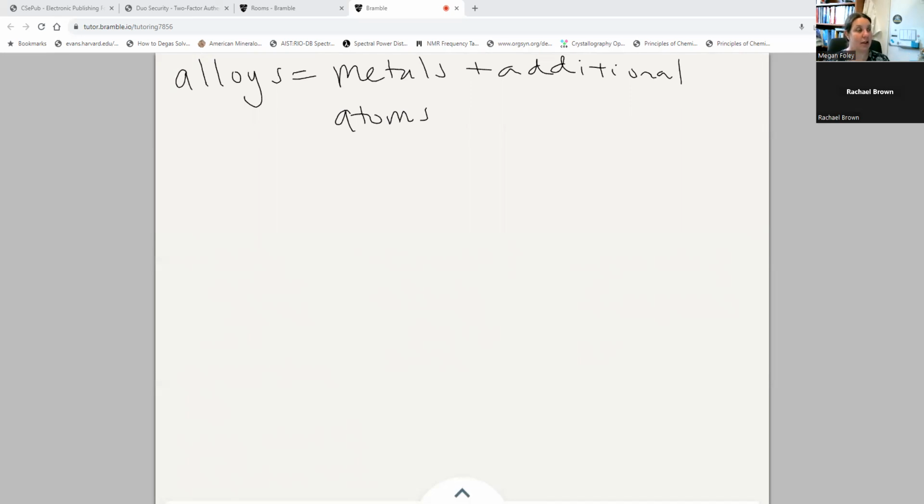Or we can make a metal compound, which is called an intermetallic. Or we can have different metals or compounds or atoms in different areas, which is called a heterogeneous alloy.